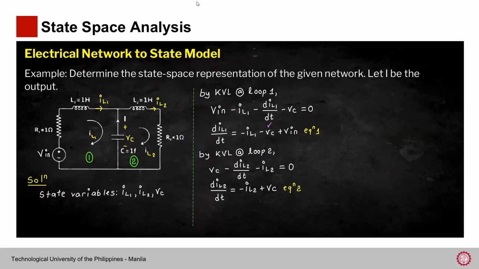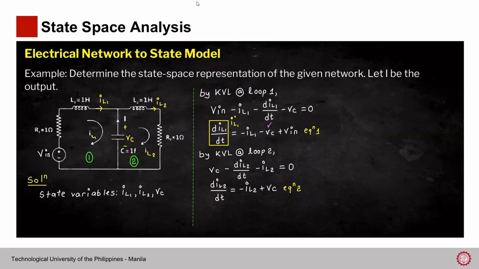Okay. All right. So now guys, what's next? Okay na 'di ba? May derivative na tayo ng first state variable, that is dIL1 over dt. We need this one kasi, 'di ba? So this is basically your IL1 dot, correct?